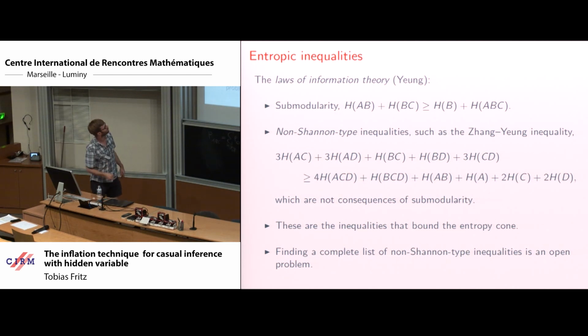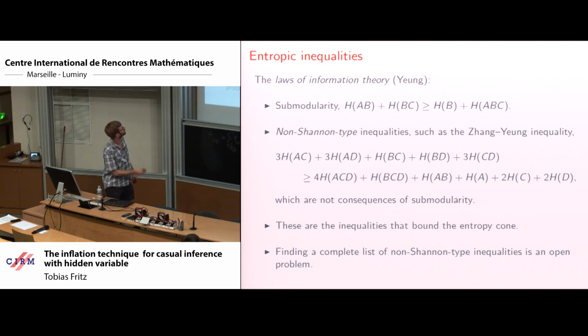When you have a bunch of random variables and you look at the entropies of the joint distribution and the marginal distributions, those are not completely unrelated, right? But there are inequalities between them, in particular the submodularity inequality or strong subadditivity. But there are also more complicated inequalities that do not follow from the ones of this kind.